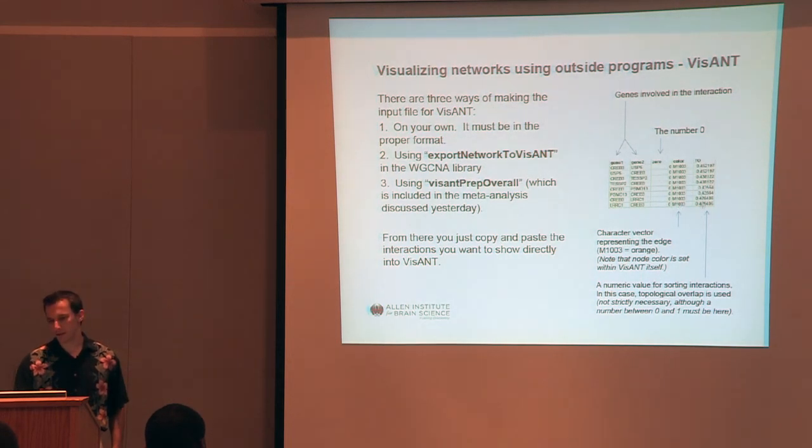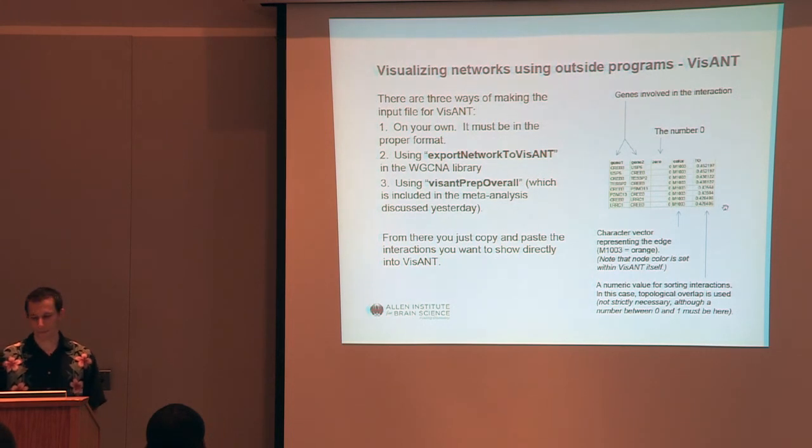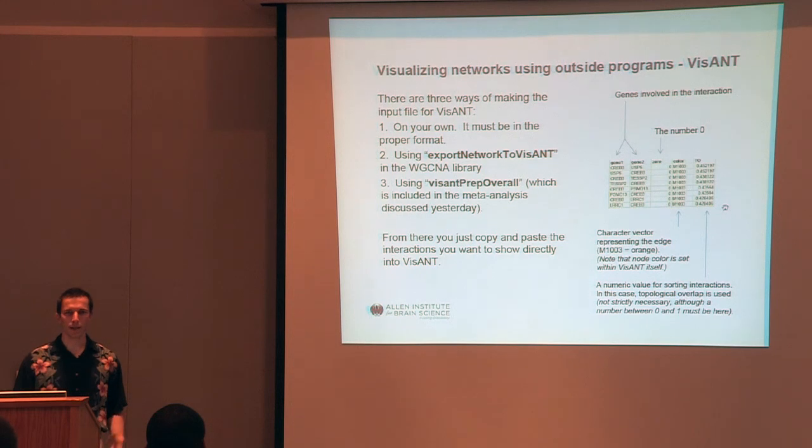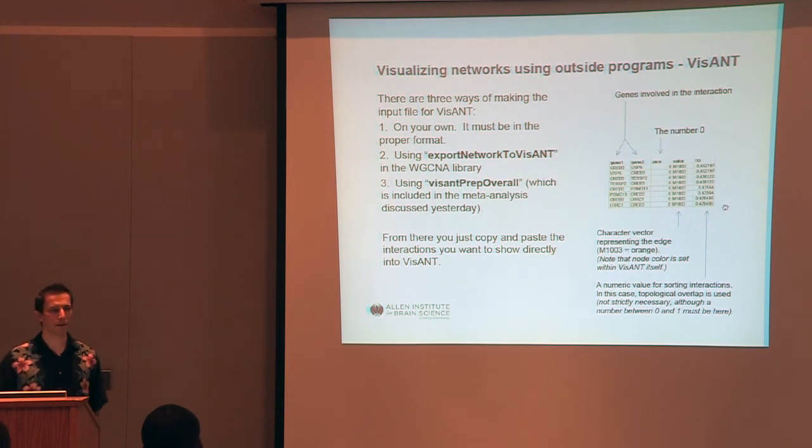And then you have to have a number which can be used for various filtering things. Usually I use the topological overlap here. So if you, for example, only wanted to show the connections that had the strongest gene-gene interactions in a module, then you could use this number.